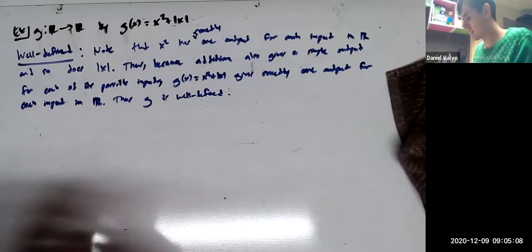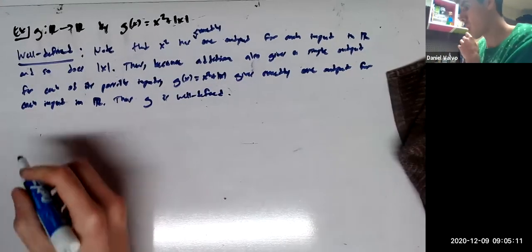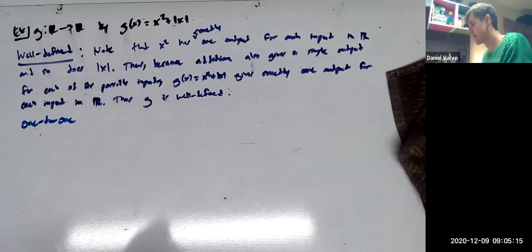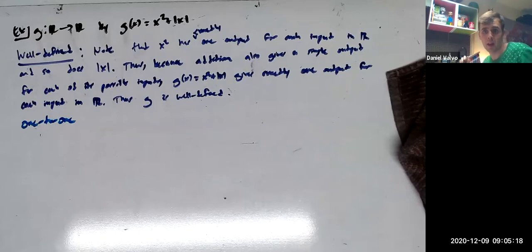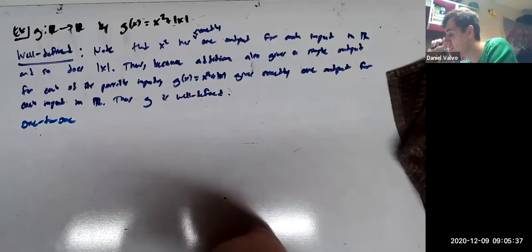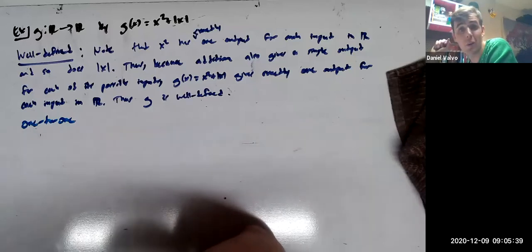Now let's work on one-to-one again. Do we think this function will be one-to-one? Not likely. If you look at it, g of x equals x squared plus the absolute value of x.